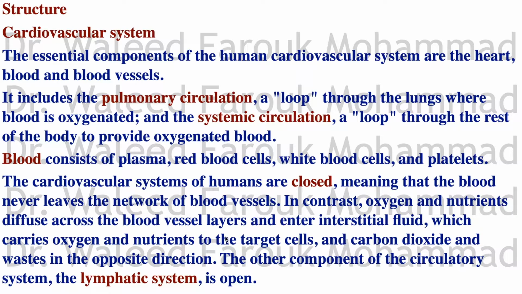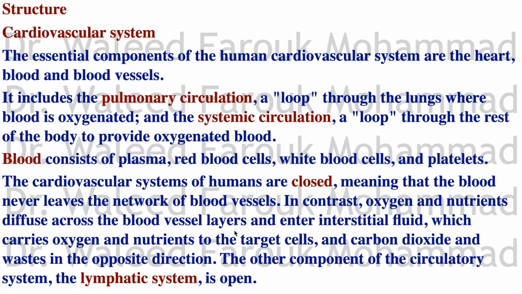Now, the difference between the cardiovascular system and the lymphatic system is that the cardiovascular system is closed, meaning that the blood never leaves the network of blood vessels. On the other hand, the lymphatic system collects the nutrients that diffuse across the blood vessel layers into the interstitial fluid, which carries oxygen and nutrients to the target cells and carbon dioxide waste in the opposite direction, back to the heart, I mean.